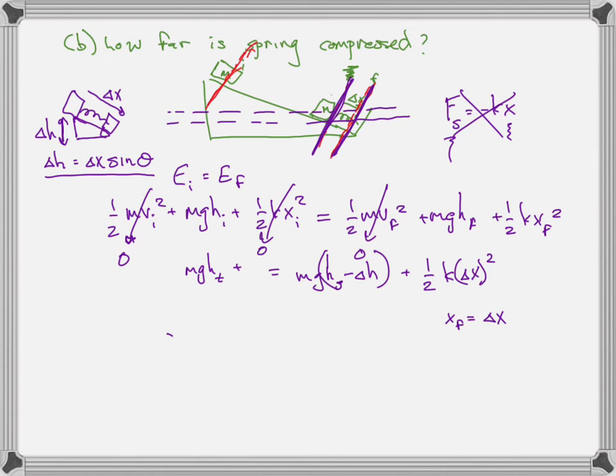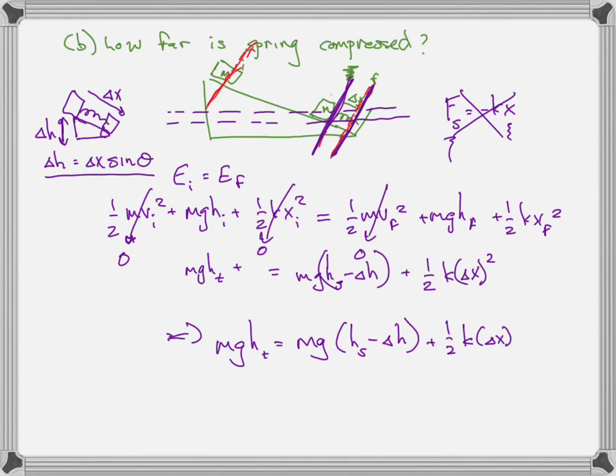So now we know everything in this equation as long as we make the substitution delta h equals delta x sine theta, and we can solve for delta x. But notice that this is a quadratic equation, there's a delta x and a delta x squared, so you'd have to use the quadratic equation to solve it.